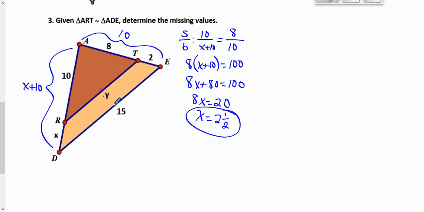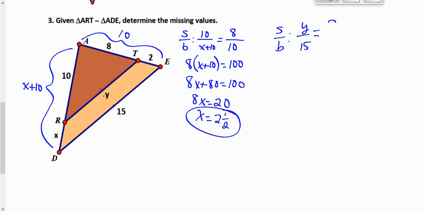Okay, all right, so what do we get for y? Okay, 12. So if we do small over big, right? So we do y goes with 15. And we need numbers, right?